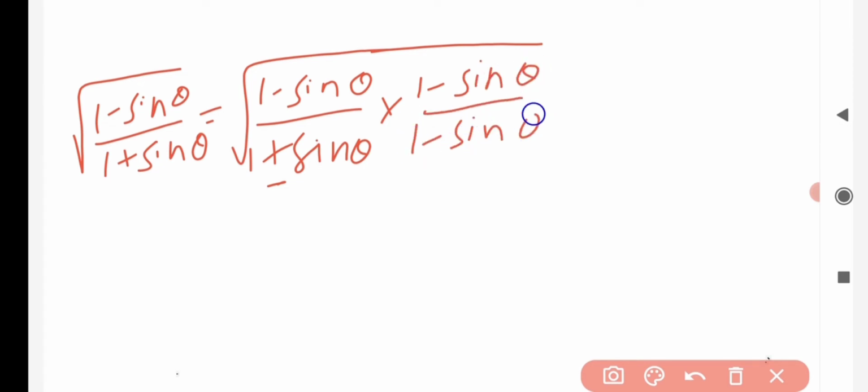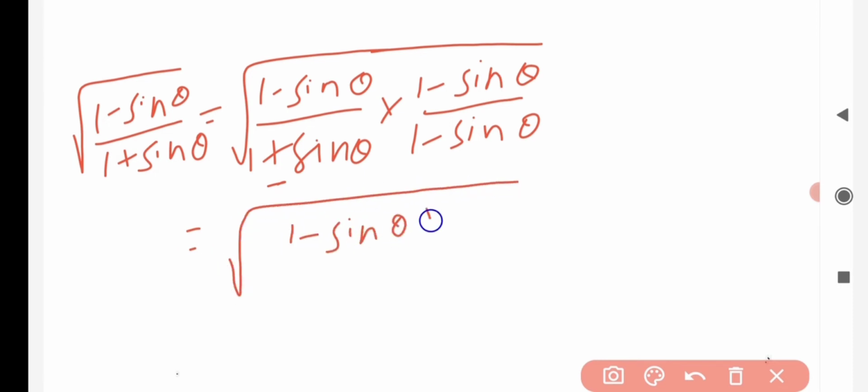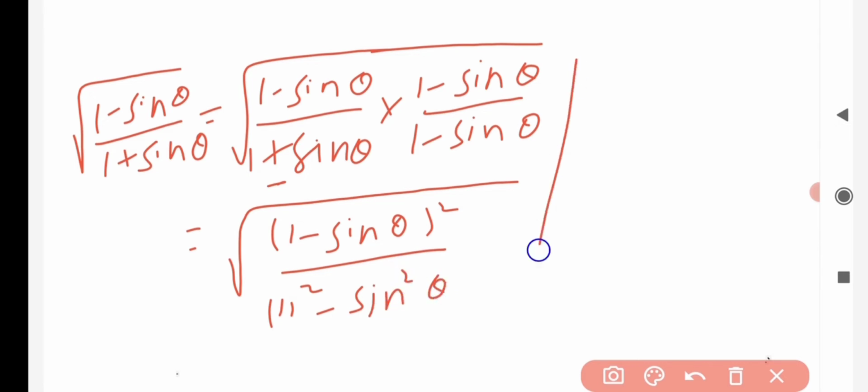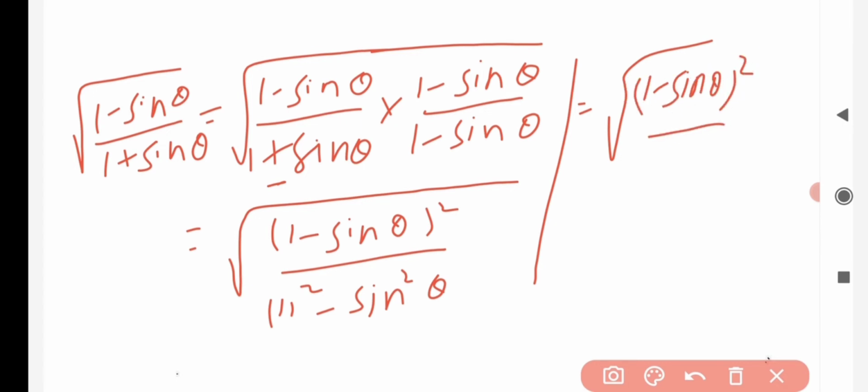Okay, in numerator a minus b into a minus b form, so a minus b whole square, so (1 minus sin theta) whole square, by denominator a plus b into a minus b, so a square minus b square. Okay, now in numerator (1 minus sin theta) whole square by here 1 minus sin square. 1 minus sin square means that is cos square theta.